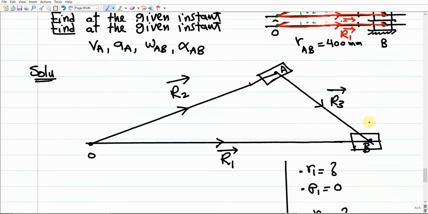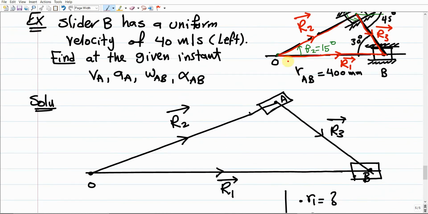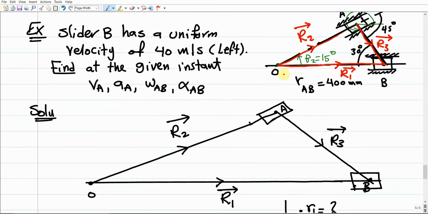So how about R1? What do you think of R1? R1 should be the magnitude of the position vector R1. What does the magnitude mean? This R1 represents the distance between point O and point B. While this mechanism is moving, do you think the distance between O and B will be constant, or is it going to change?